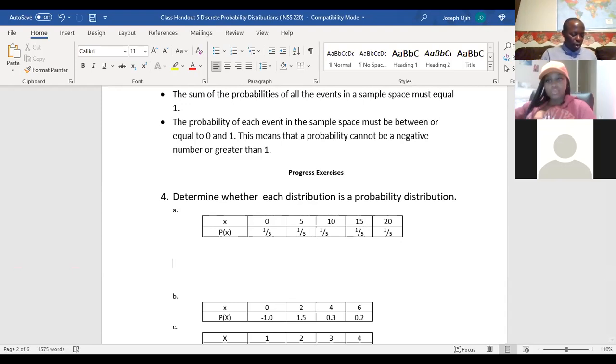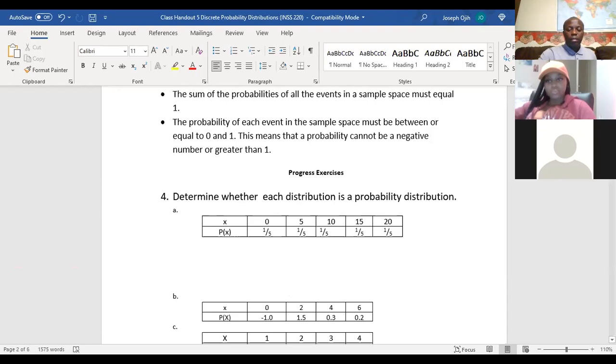So the sum of P(x) becomes 1 over 5 plus 1 over 5. Then I'll write it down, 1 over 5. So we have it in this place. That's the sum of P(x).